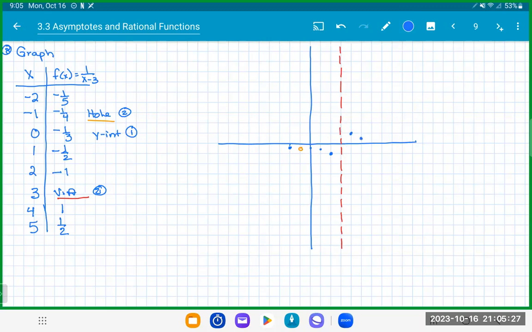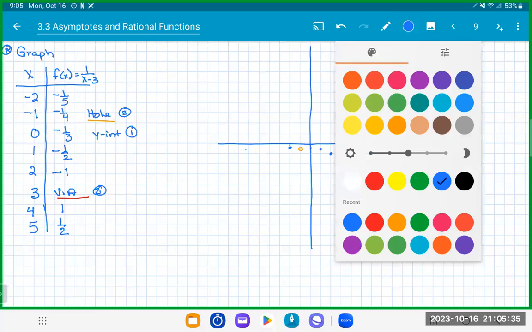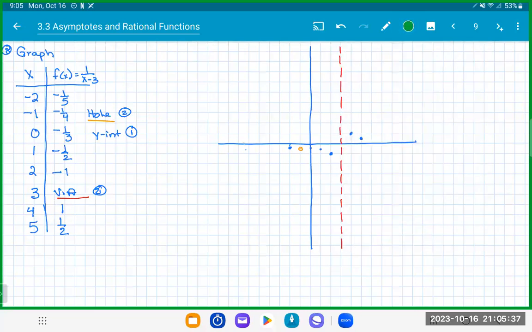Okay. So this graph then, oh, and you remember we also had that horizontal asymptote at y equal to 0. So on this side, we're going to get really, really close and then keep coming, right?